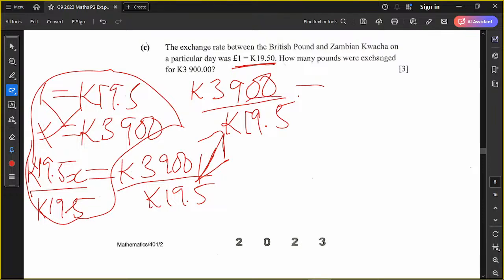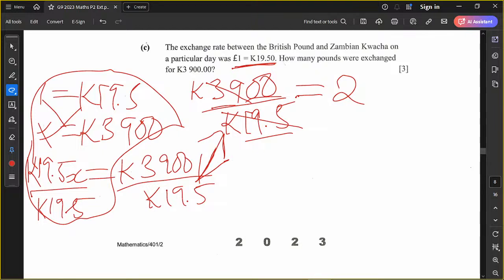We ignore the zeros and focus on 39 and 19.5. 3 divided by 19.5, it can't. 19.5 into 39 will go 2 times. Is there a remainder? No remainder, so this one and this one will be cancelled out.